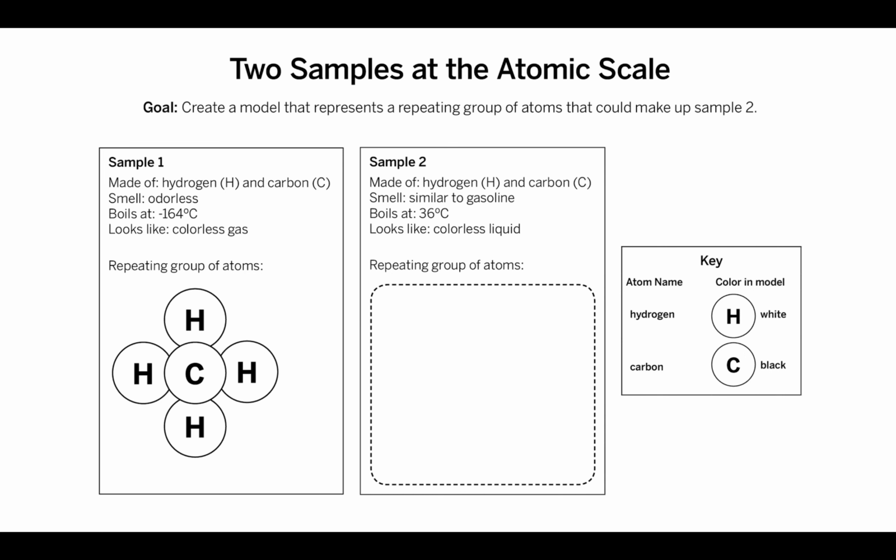So don't look back on your sim and try and find it. This is you just coming up with an idea. I'm checking your idea. Basically, I'm trying to decide if you understand that different substances have different properties because they're made of different groupings of atoms. And so you just put in there what you think it could look like.